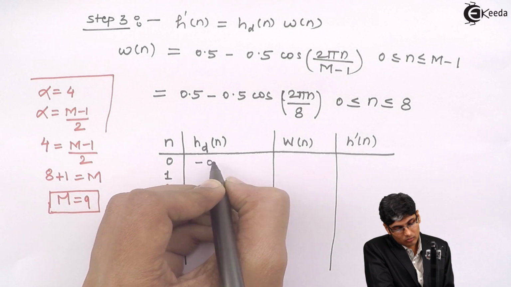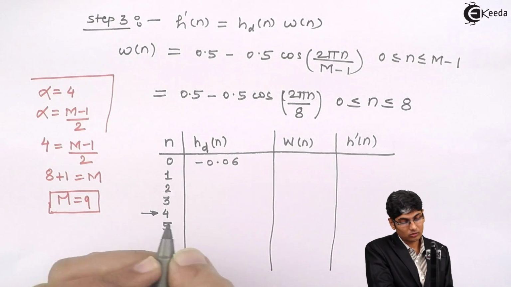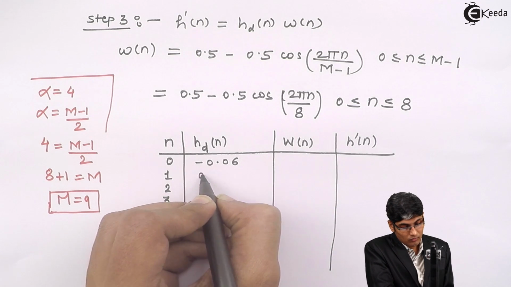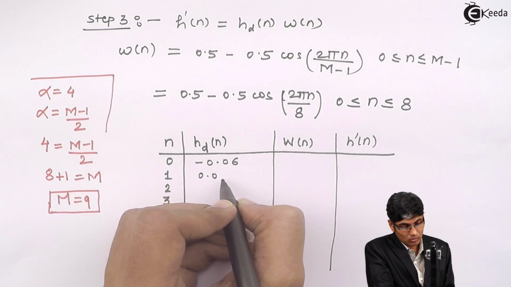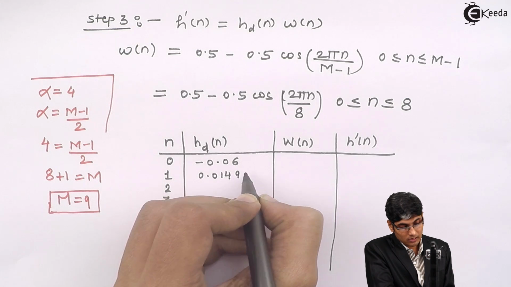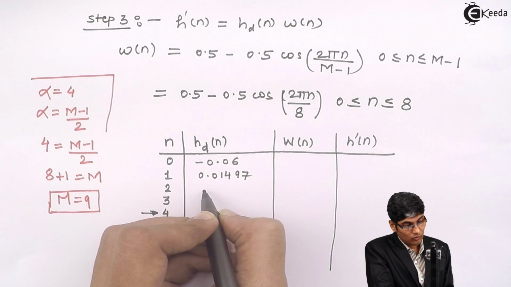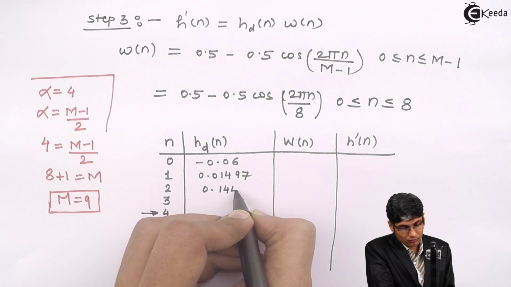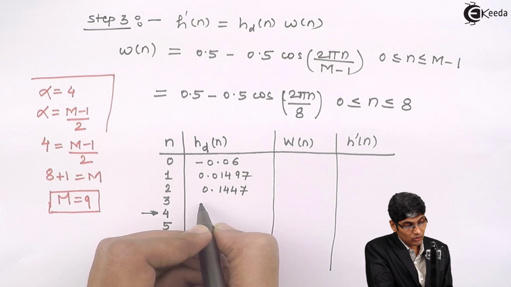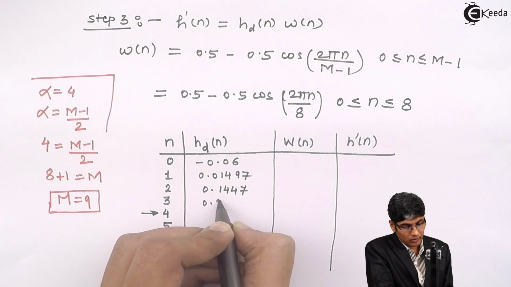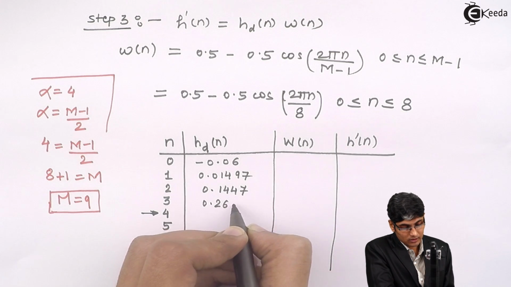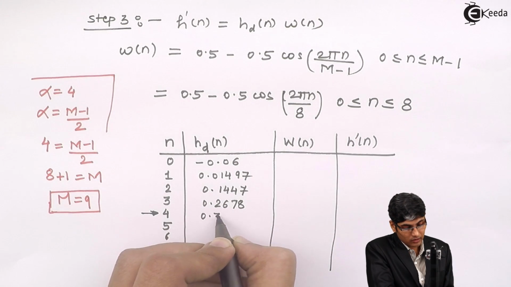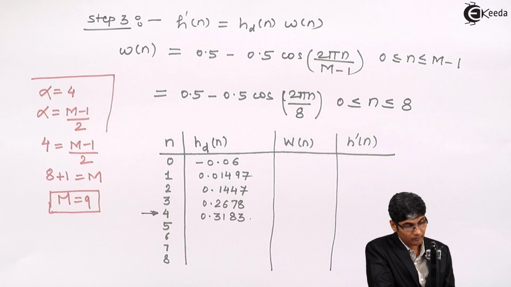So the first value, when you put n equal to 0, hd of n will be minus 0.06. For 1 it will be 0.01497. For 2 it will be 0.1447. For 3 it will be 0.2678. For 4 it will come as 0.3183.